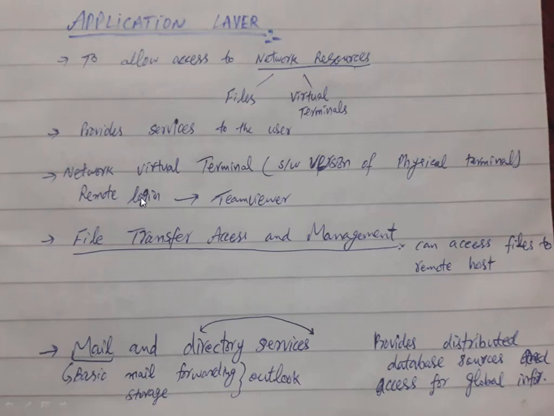Remote login is an example of network virtual terminal. If we want to log in remotely, then we use a network virtual terminal, for example TeamViewer. File transfer, access and management can access files on a remote host.